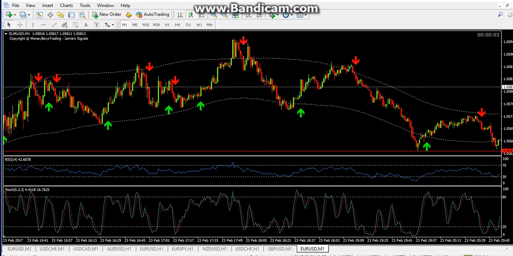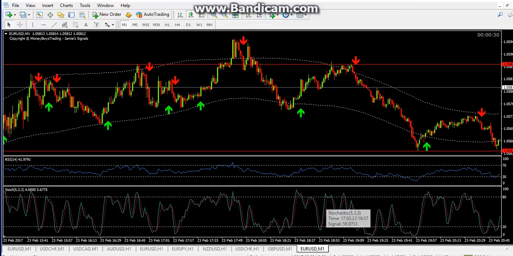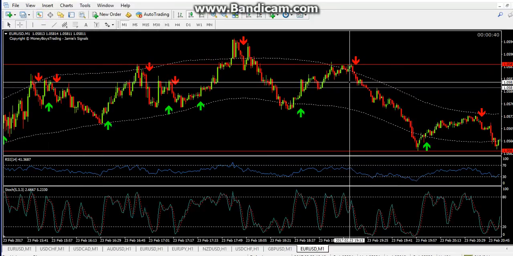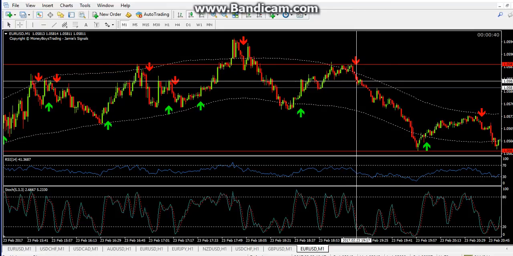Then you would have seen the pullback here, the green arrow signifying a pullback, and we have now made a lower high. Can you see here? Stochastics overbought. The RSI is not quite overbought, but it's near the top level. But you would have seen here that it's given you a signal.